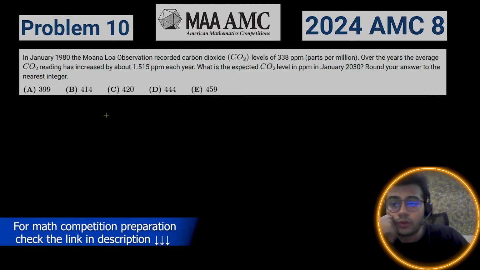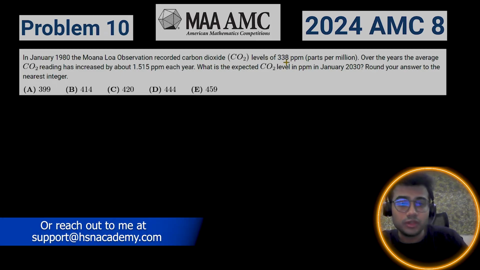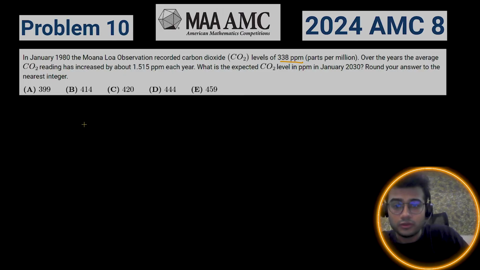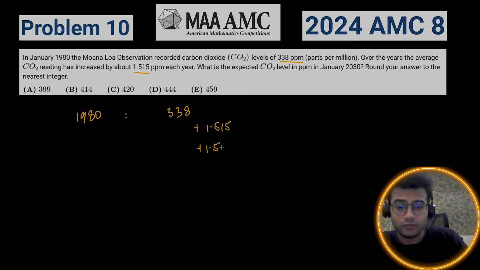Okay, so in this problem, we are starting with the CO2 level of 338 ppm. So in 1980, it's 338, and then every year it increases by 1.515. So in 1981, we add 1.515 once, and then we add 1.515 again. Since the increase is constant, this is linear.